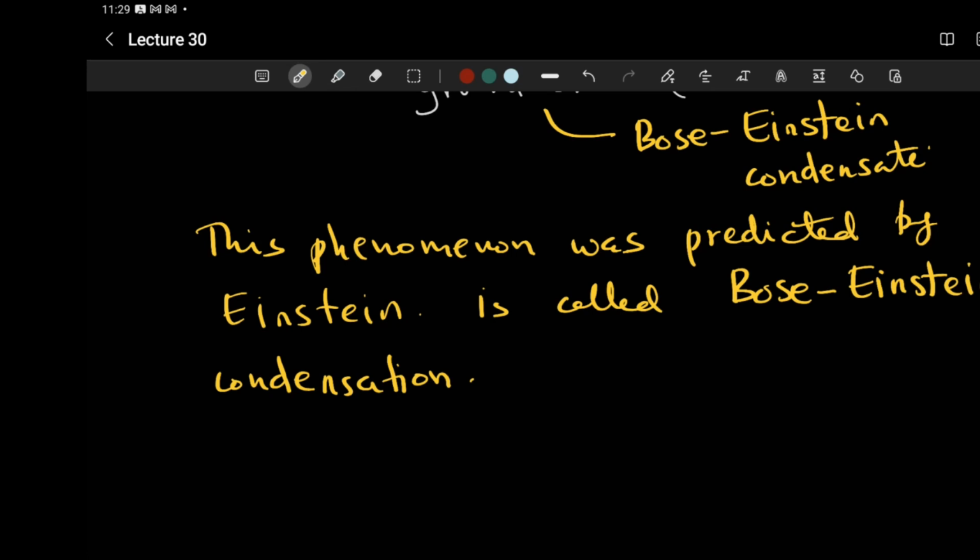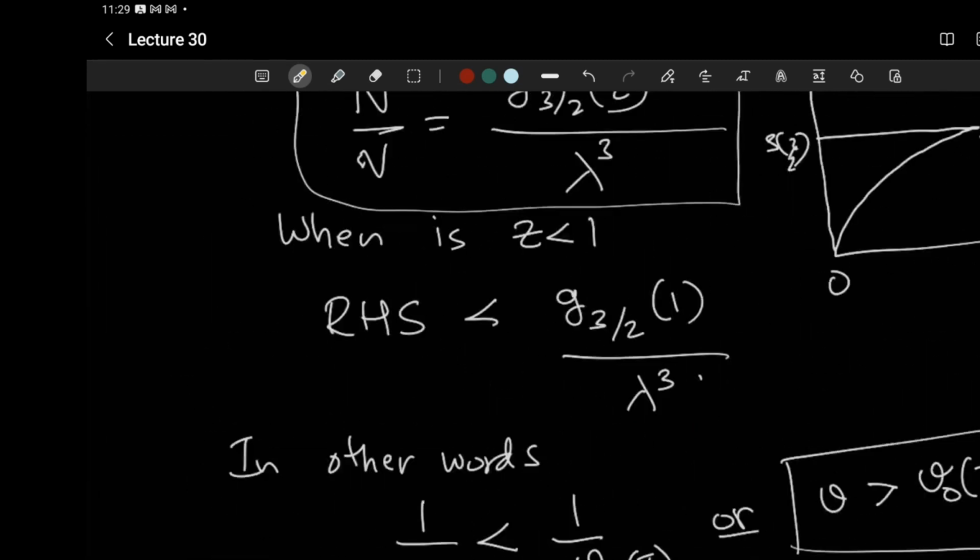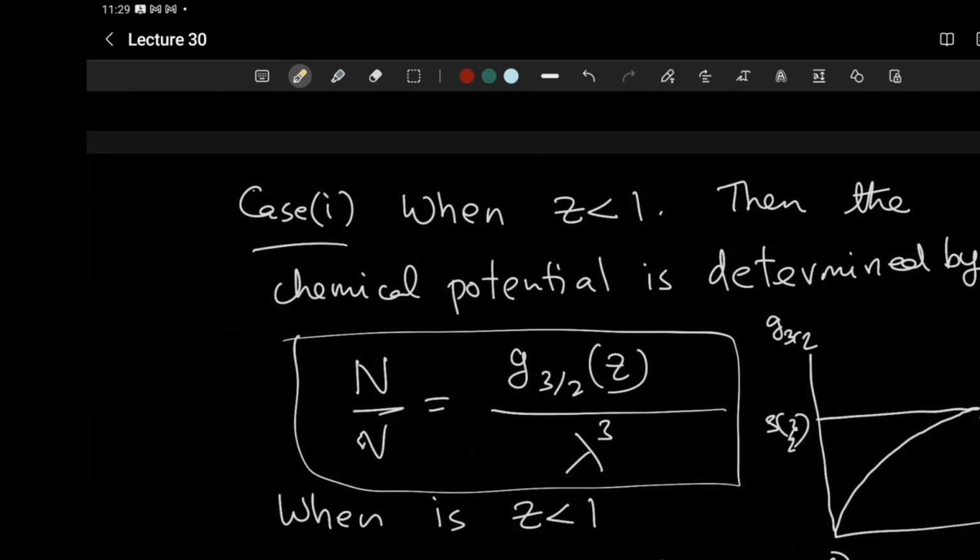But what is G1 of 1? It's infinity. So in 2 dimensions, we should not expect Bose-Einstein condensation, because it's unbounded. So now there is no problem in fixing it. What was the problem? We looked at this equation, and because G3 half was bounded, it reached some finite number.